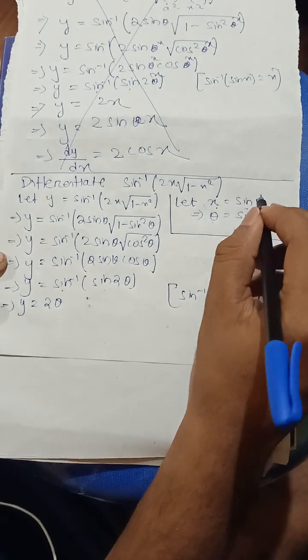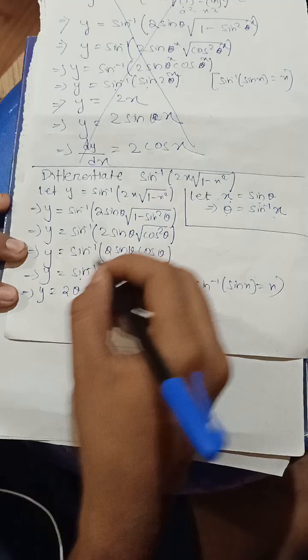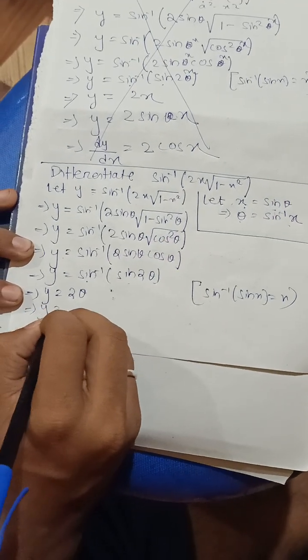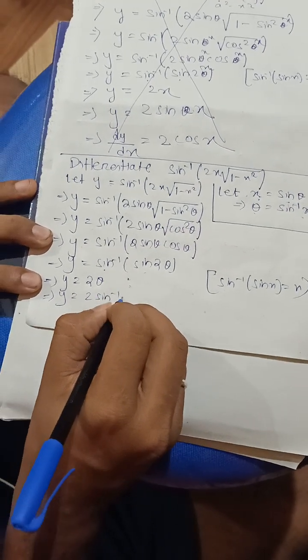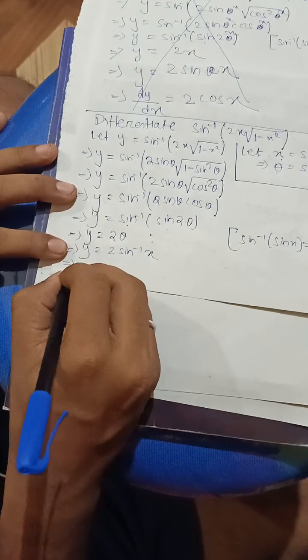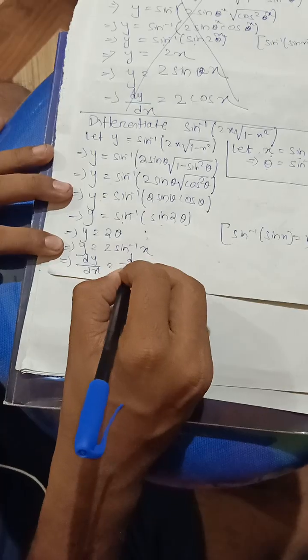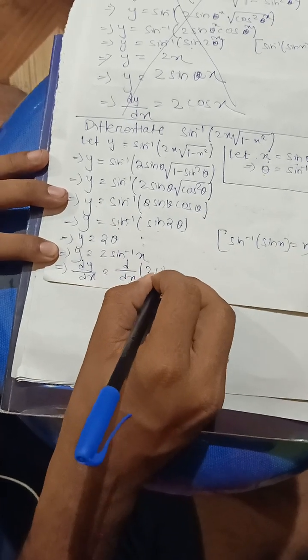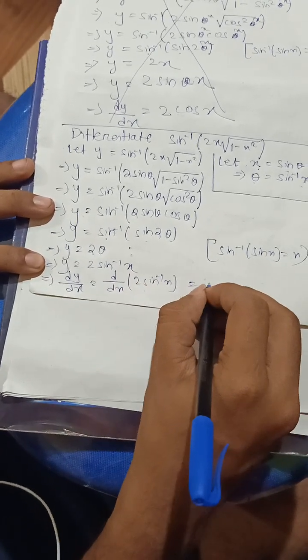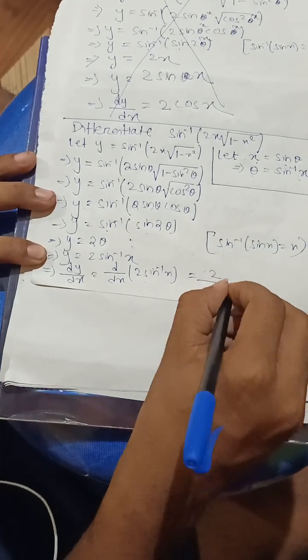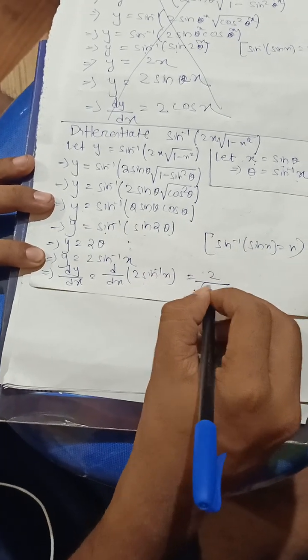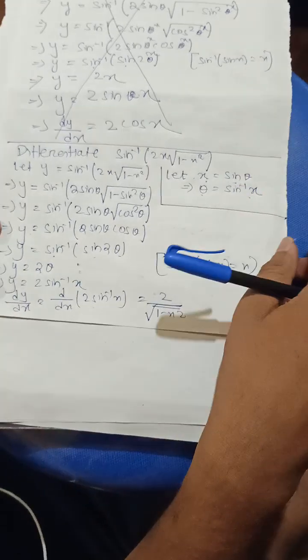So theta is equal to sine inverse x, and y is equal to 2 sine inverse x. Differentiating both the sides with respect to x, we get dy by dx of 2 sine inverse x is equal to 2 constant, and the derivative of sine inverse x is 1 by root over 1 minus x square.